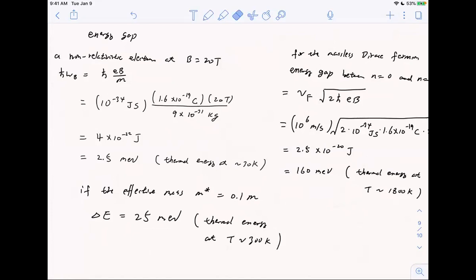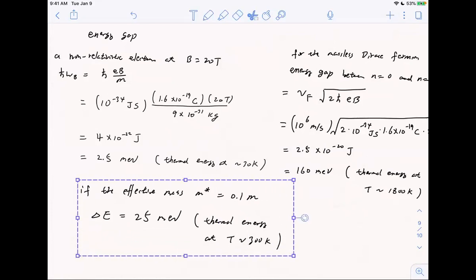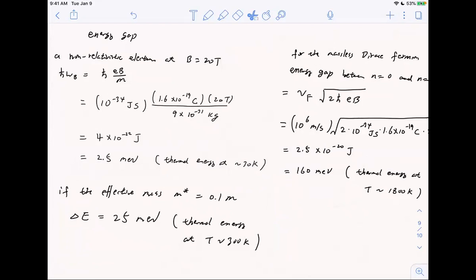Okay. But if you say for some of those materials, the effective mass is 0.2, 0.3, it's still somewhat like a relatively low temperature. But if you compare this one, it is significantly higher.